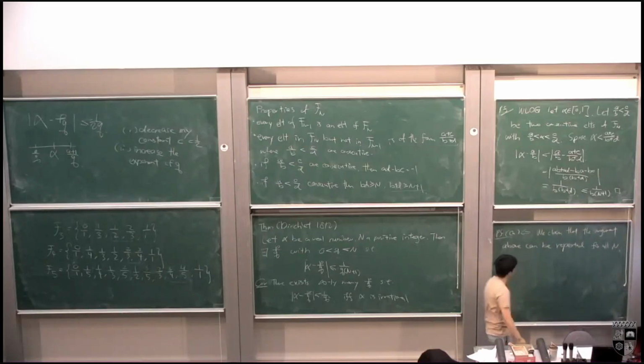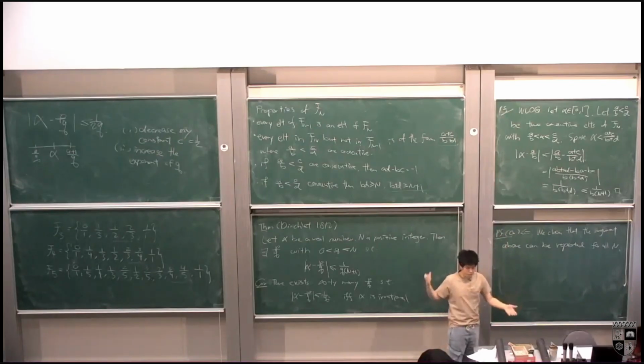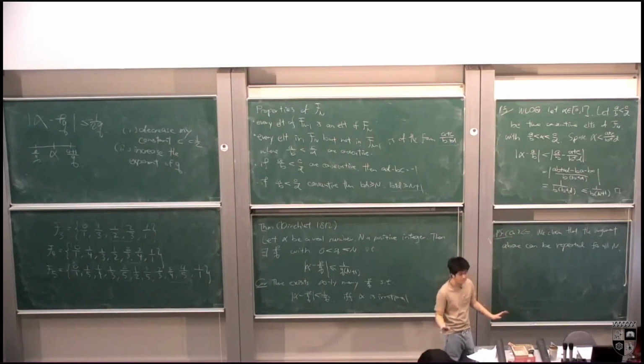Then it suffices to show that I cannot have a over b being picked too often, right? Because that would mean that they are too close, and if they are too close, then alpha will in fact be a over b, which is completely absurd because alpha is irrational. All right?